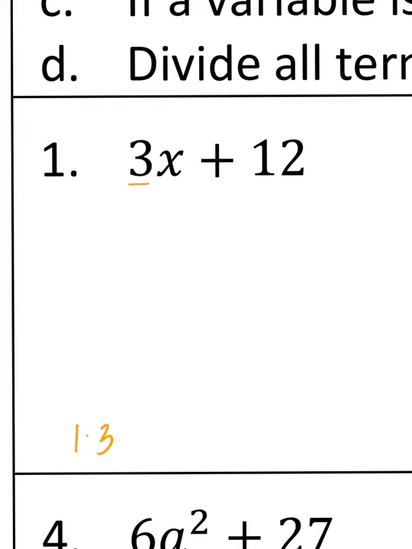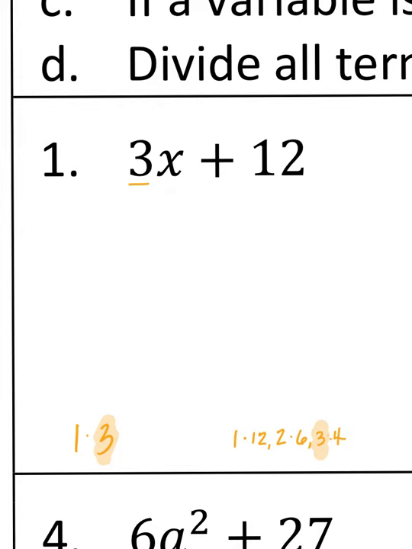Now, if I look at 12, the factors of 12 are 1 times 12, 2 times 6, and 3 times 4. Which number is the greatest that these two have in common? Well, they both have 1 in common, but the greatest one would be the 3.